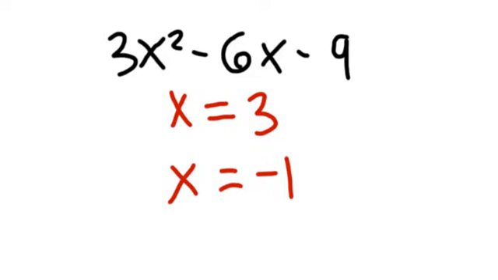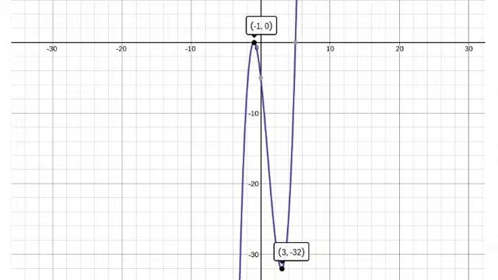Now, if we graph this, we are going to see that at x equals negative 1, we have our maximum, and at x equals 3, we have our minimum. There are other ways to figure this out if you don't have a calculator. For example, there's the second derivative test, and you can also just input the values before and after the x value that you have, and see how the slope between those relates to the number you first had, but graphing is the easiest one if you have that available to you.